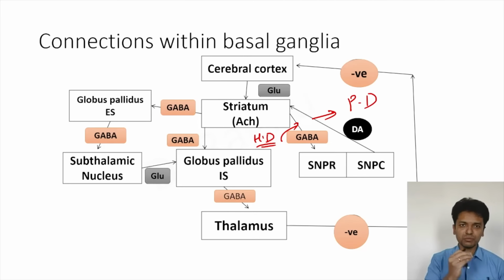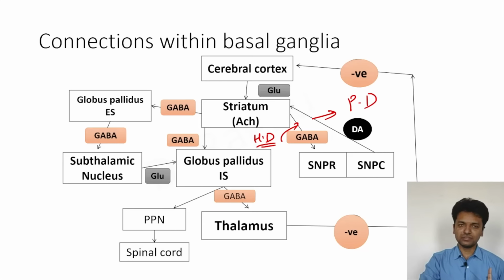After this, there are a few more small minute things in this circuitry or the pathway which we will have to understand. One is from the globus pallidus internal segment, the information is also going to the PPN. From there, it goes to the spinal cord. PPN is nothing but pedunculopontine nucleus. Second thing is, from the thalamus, the information can again go back to the striatum.